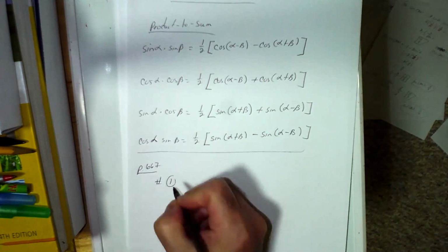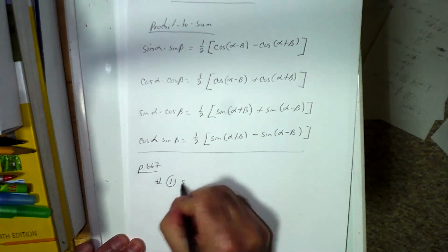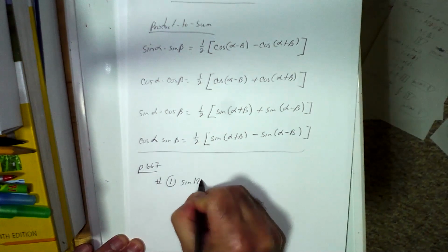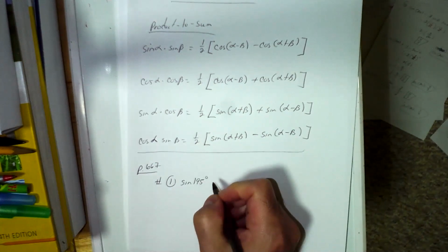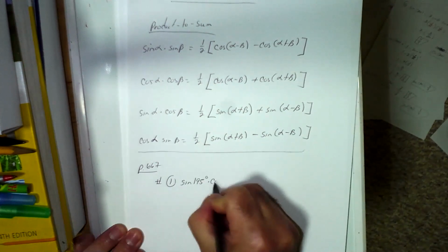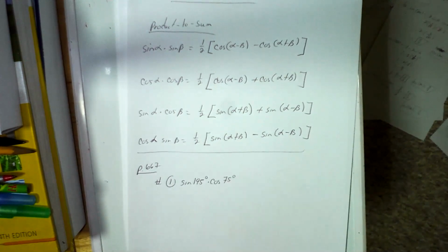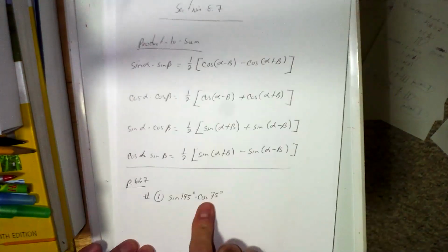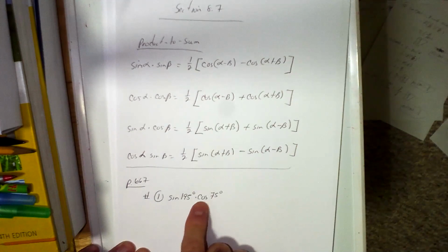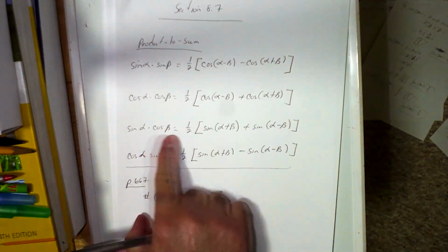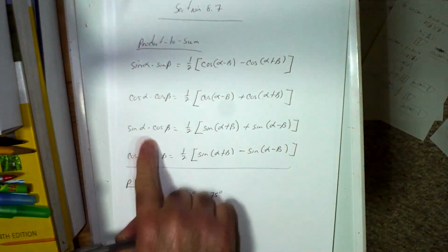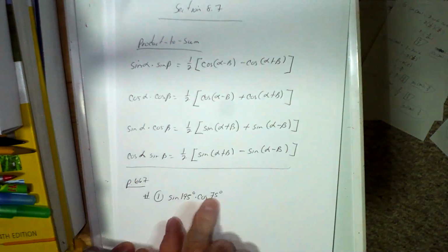It says find sine of 195 degrees times cosine of 75 degrees. So all you do is you match it. I have sine and cosine, so that would be the third one, right? So this is your alpha, and that's your beta.